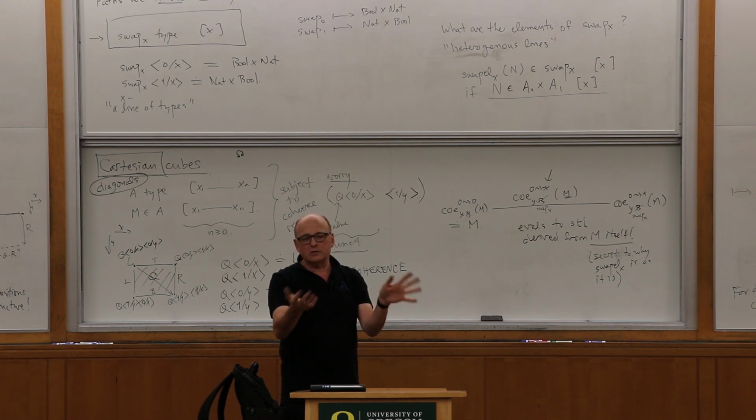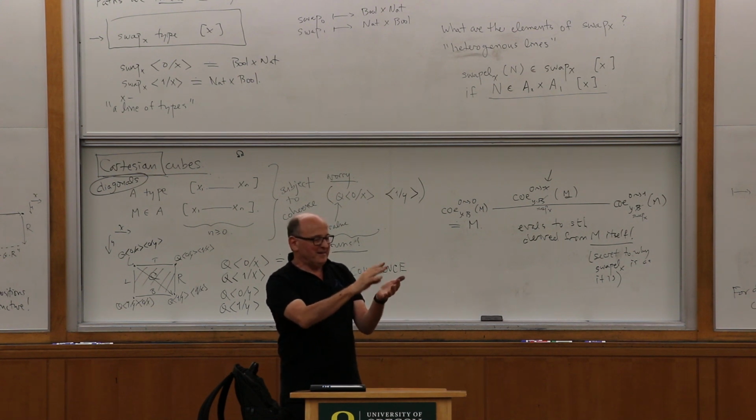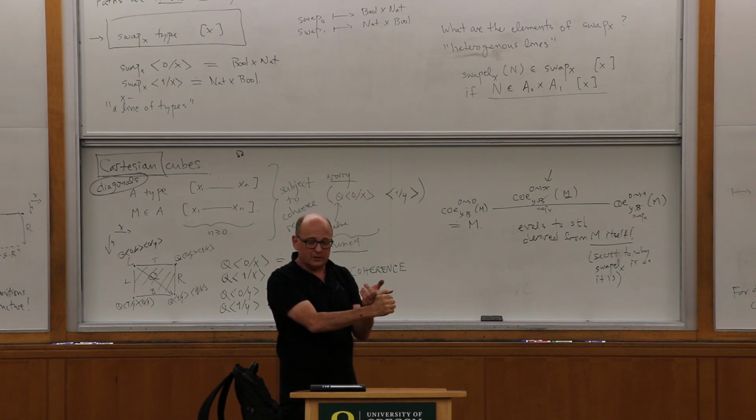And we've been working closely, so let me give credit. My students Carlo and Julie, Favonia, better known as Favonia, he's the one and only Favonia, and Evan Cavallo, John Sterling in particular in implementation, Anders Mörtberg visiting us as a postdoc from Coquand's group.